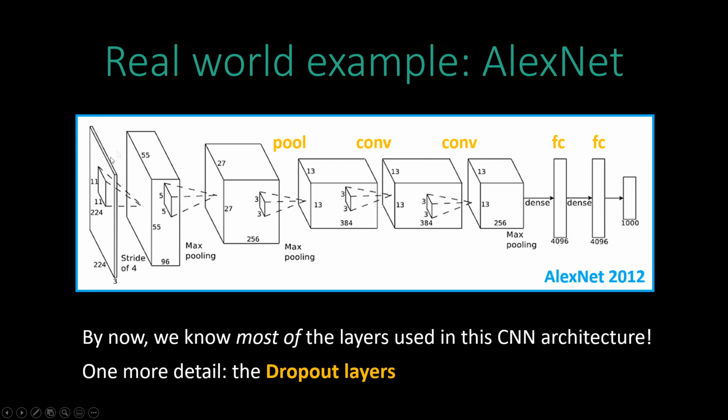And then these operations follow with convolutions, which we can see with these 5x5 filters, 11x11 filters, 3x3, 3x3, etc. We can also see some pooling operations, so downscaling operations.